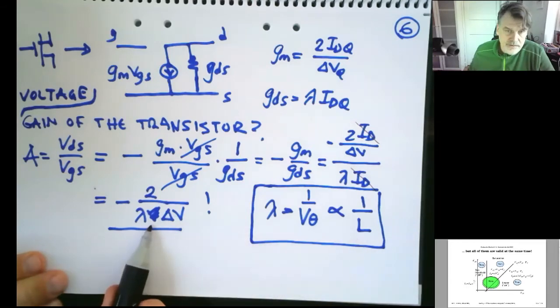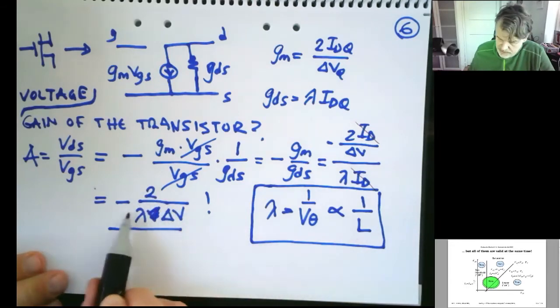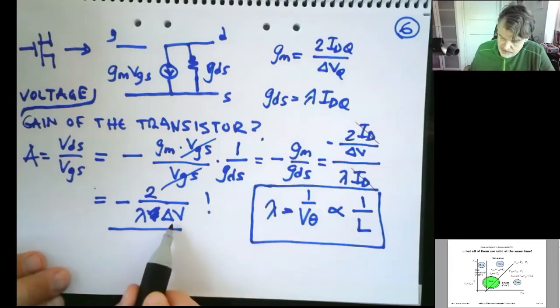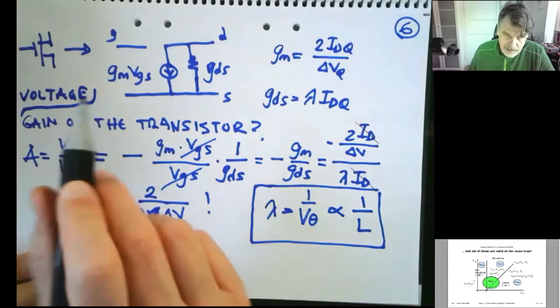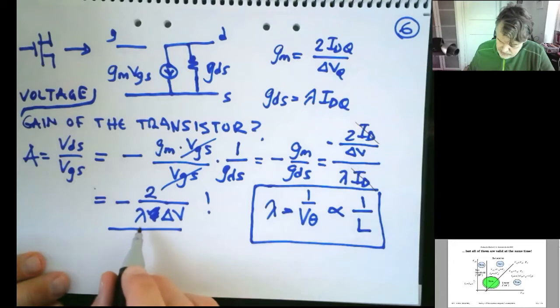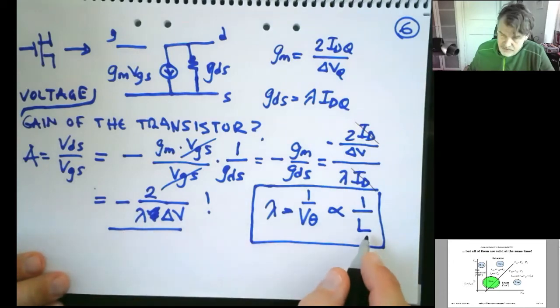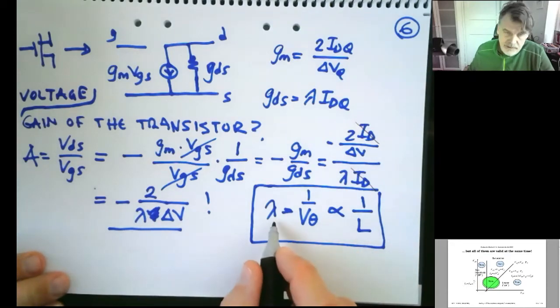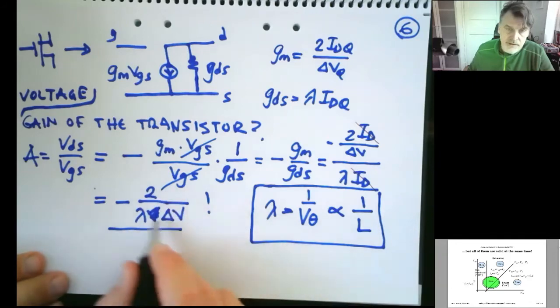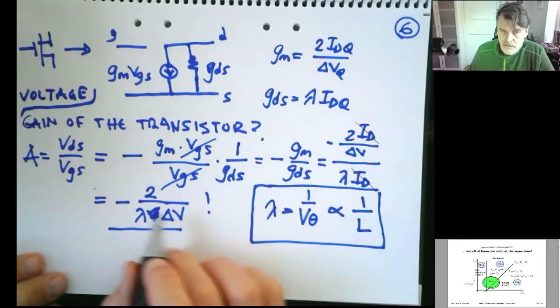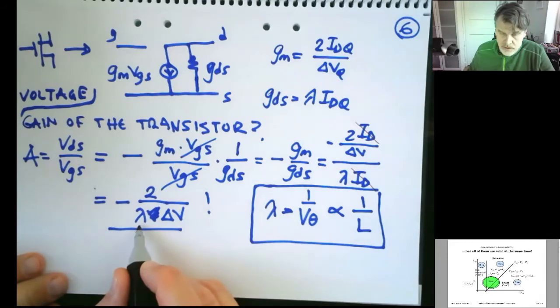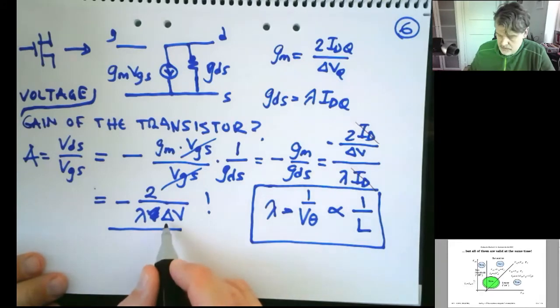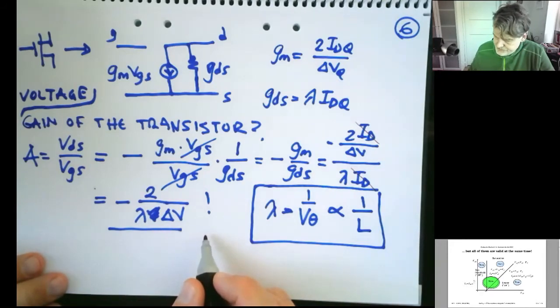That would also increase this expression here. So I have 2 divided by lambda times delta V. So either I decrease delta V and A increases, or I increase the L, the lambda decreases, and then this whole enchilada increases. So I have certain ways to fix this physically or electrically to change the gain.